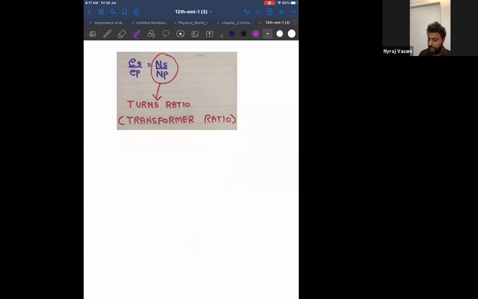Therefore, they have told me that NS upon NP, my turn ratio of the transformer, is 2:3. Now, if the current through the primary coil is 3 ampere, calculate the current through the load resistance. Current through the load resistance means current in the secondary.